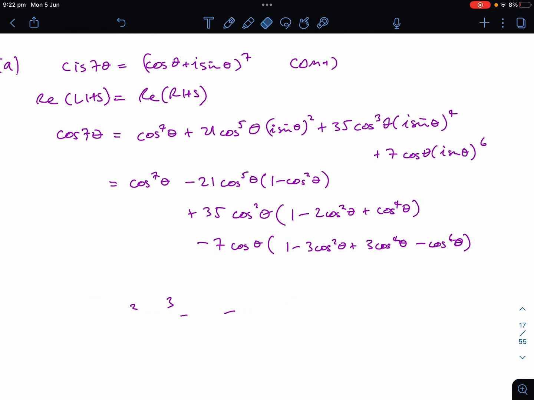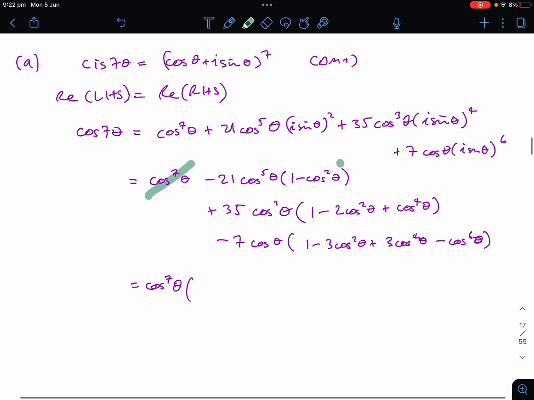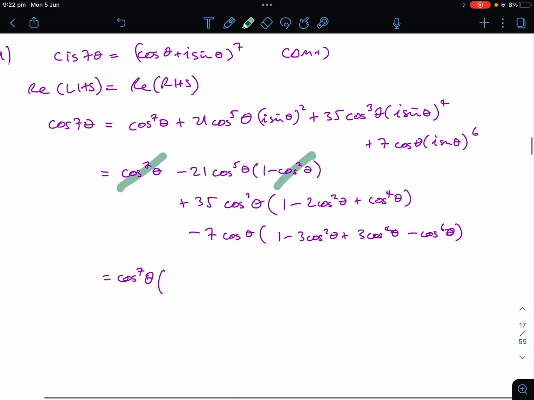So now I can maybe slightly skip a step and just factorize, sort of collect. Let's be clear what that is. That's the cos to the power of 7 of theta outside. Well, where are the terms? There's one of them here, plus 21 of them there, plus 35 of them there, and plus 7.